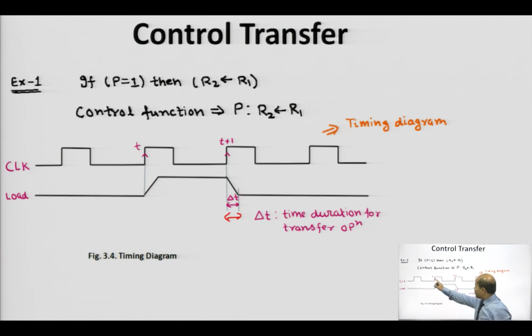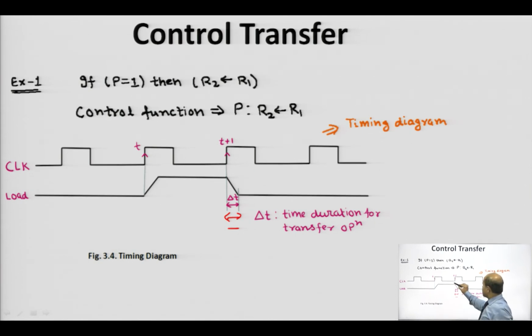Then we have also talked about the timing diagram of this control transfer, and we have seen that the transfer of data from one register to another register will take a very small amount of time, which is shown here. You can see in this figure.